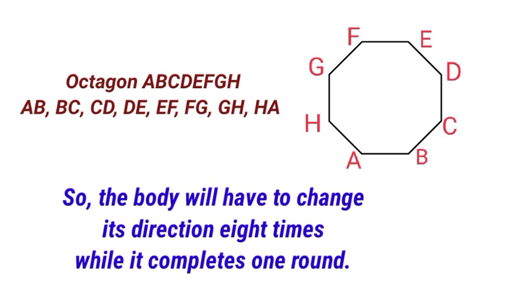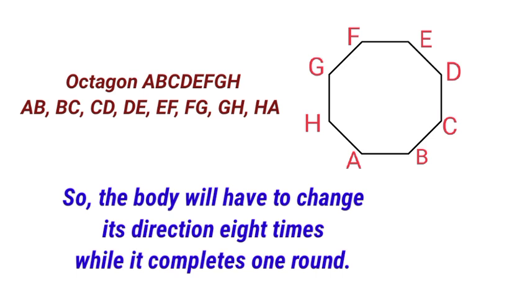What if the track was not a hexagon but a regular octagon with 8 equal sides as shown in the diagram? That is A, B, C, D, E, F, G, H. In this situation, the body will have to change its direction at AB, BC, CD, DE, then EF, FG, GH and HA.